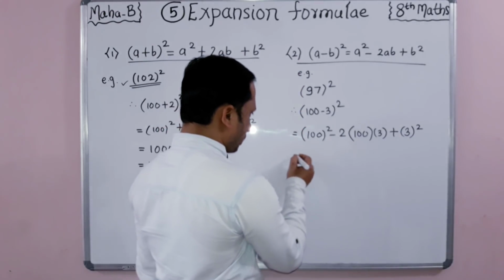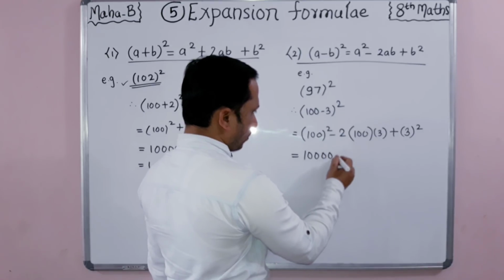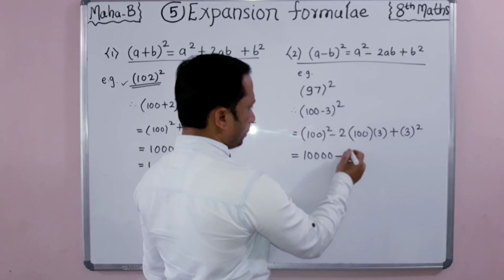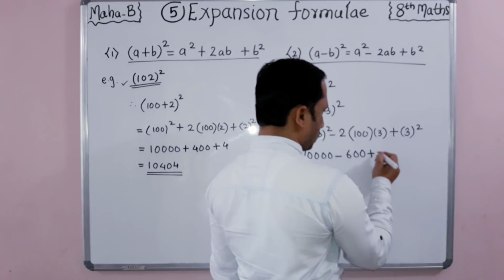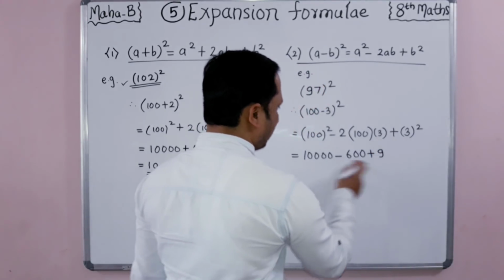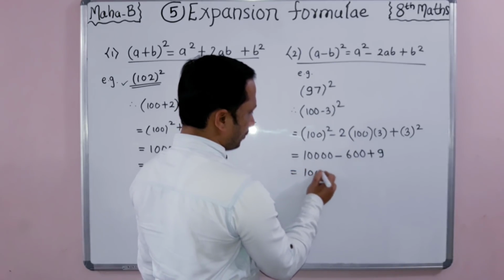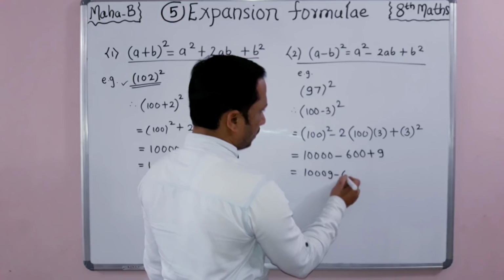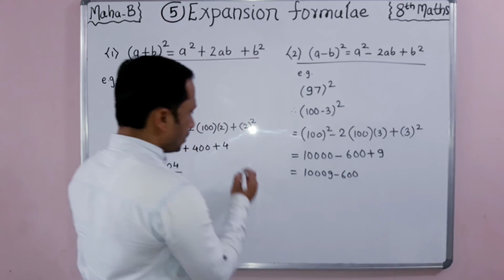Now see students, 100 square is 10,000, minus 2 into 3 into 100, which is 600, plus 9. First add the two, plus 9, and we get 10009, and minus 600. Now we have to subtract this figure from the given number.